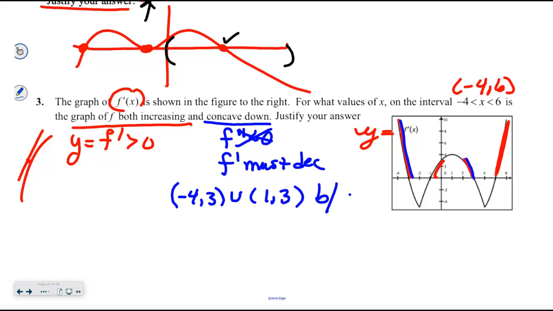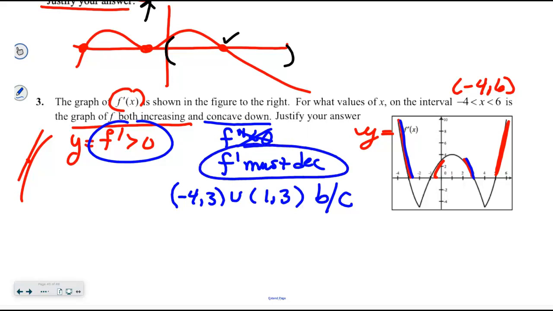And then some of you also lost some justification points, because you didn't use f prime. So when you describe what your mistakes were, if you use as the subject of your justification anything but f prime, I took a point off. The subject of the graph is f prime, and I need to know what f prime must be doing. So we should say because f prime is greater than 0 and f prime is decreasing.